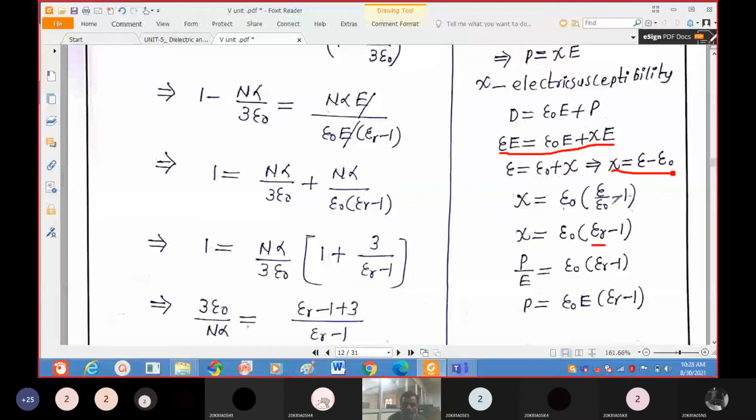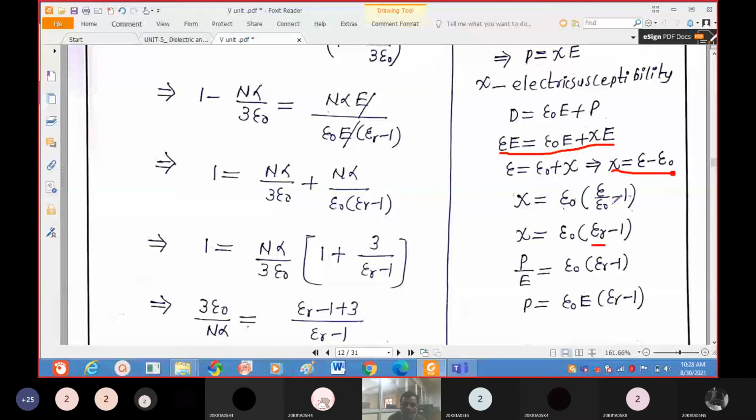We take n alpha by epsilon naught common, that's why only 3 will come in the numerator. Therefore 3 by epsilon r minus 1.